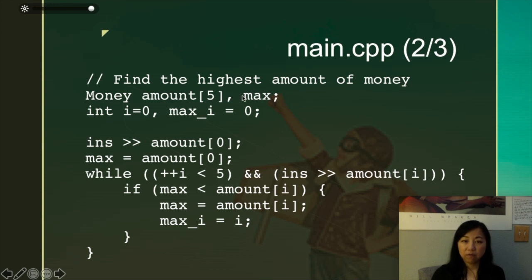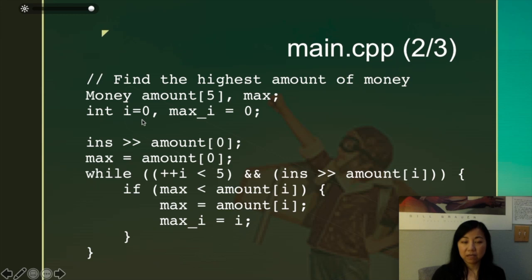We also have a max money, which will save the biggest amount, and then it is going to equal amount 0. Interestingly, we have to do something else to make this actually work completely correctly.